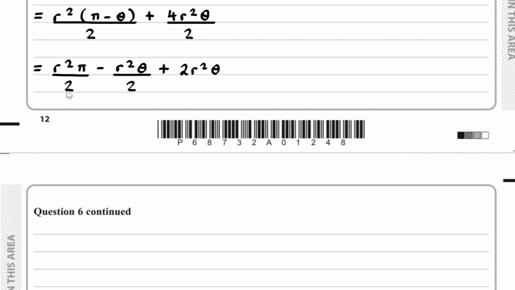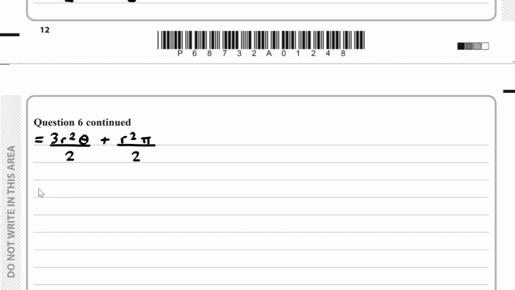So what we end up with is 3 r squared theta over 2 plus r squared pi over 2.